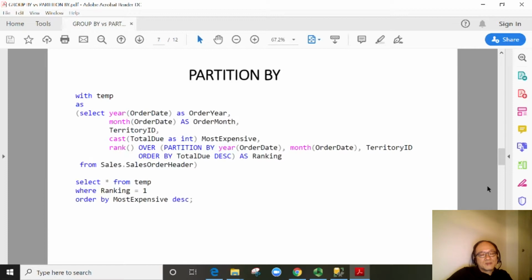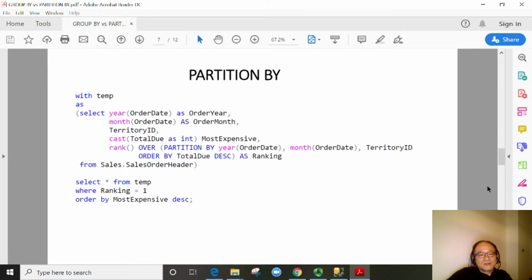The best way to solve this type of questions is to use a SQL ranking function together with partition by. Here, we use rank and we partition by 3 columns. We also use a common table expression to help us filter out the most expensive orders.